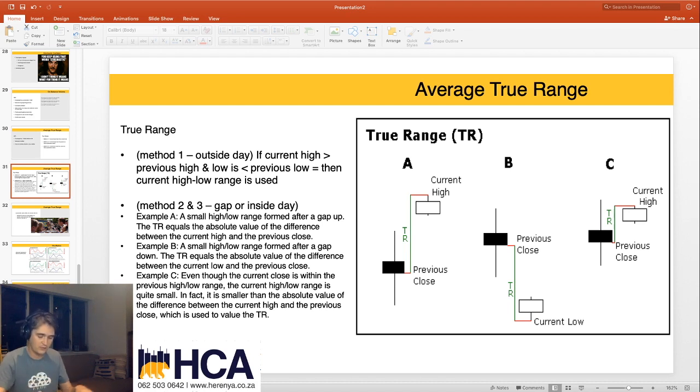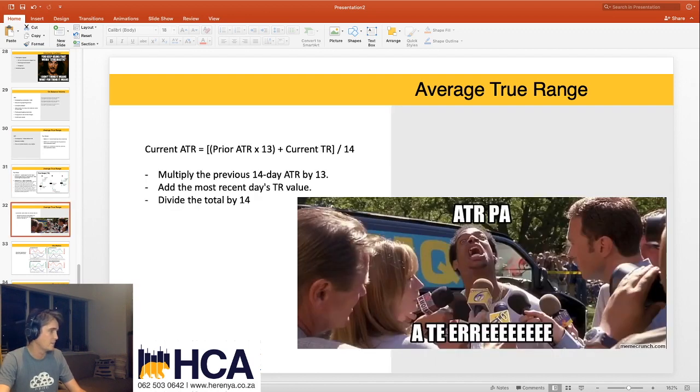There's a whole table where you have to work out all three, and then you pick the biggest one, and that you then use to add into your simple moving average on these numbers that you generate, by figuring out where is the furthest distance from today's high or low, what is the previous close, where's the furthest distance away from that.